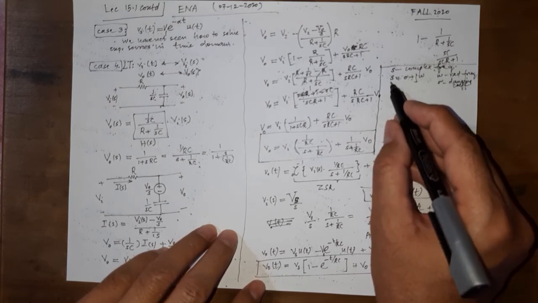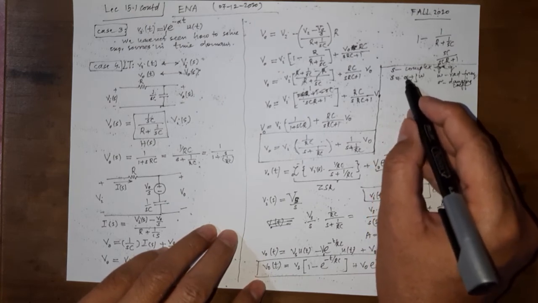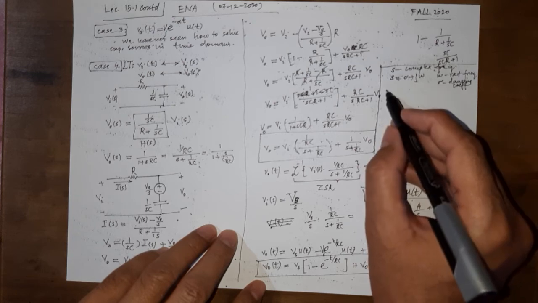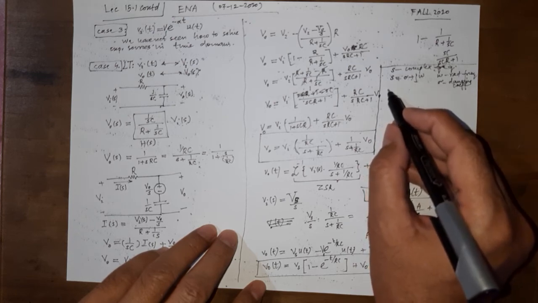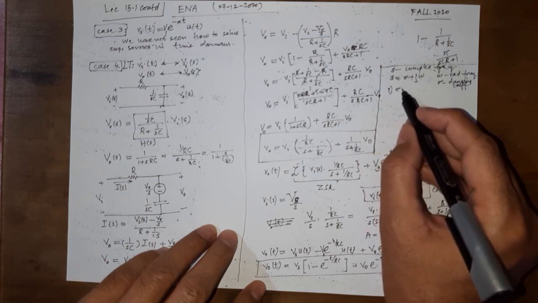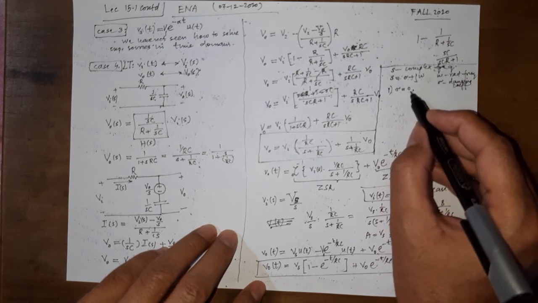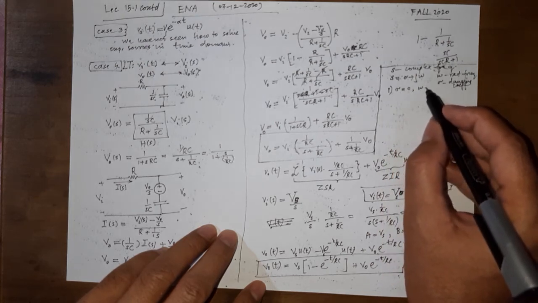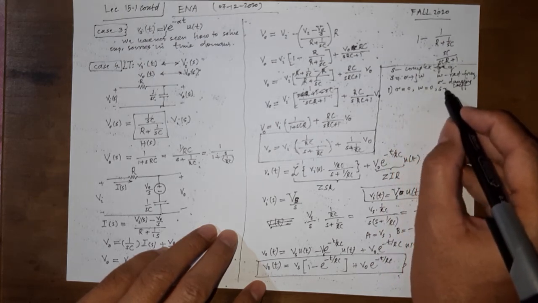So if you now see, based on what is the value of sigma and omega, we can have several cases. So look at this thing. If we have sigma equal to 0 and omega equal to 0 as well, that is S is equal to 0.